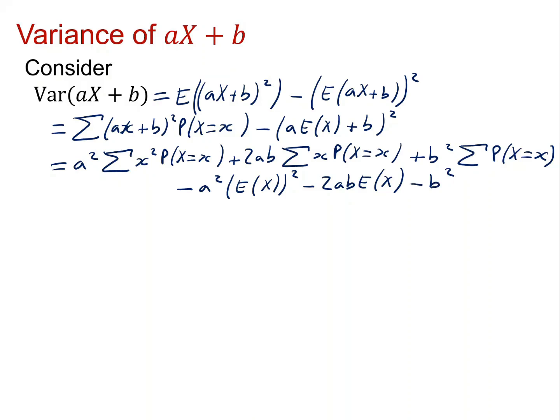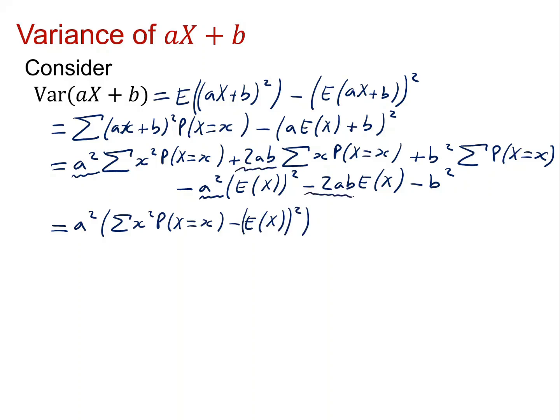Now that's quite a long line, but you'll soon notice that things start to collect together because we've got two terms with an a squared in them that very neatly go together. So we'll have a squared times the sum of the x squared times the probability that X is x minus the expected value of X squared. We've got two terms with a 2ab in them.